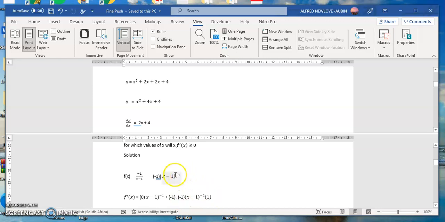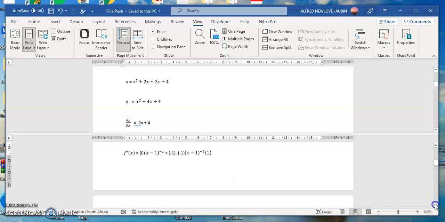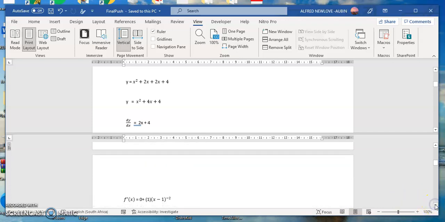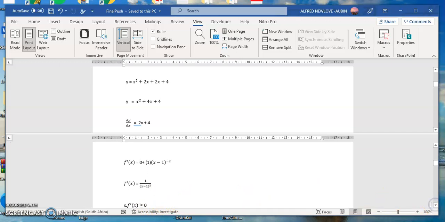So this negative 1 will multiply, which is this one. Then negative 1 minus 1 to give us negative 2. Then you differentiate what you have inside to give us 1. Now, if I simplify this, I'm going to have 0 and have that one. Then I can bring this one down.